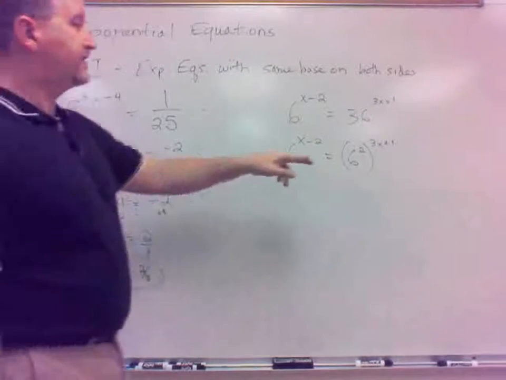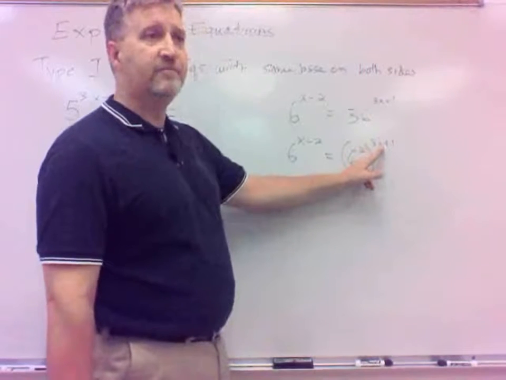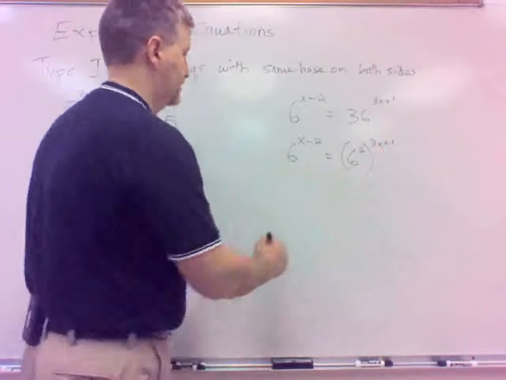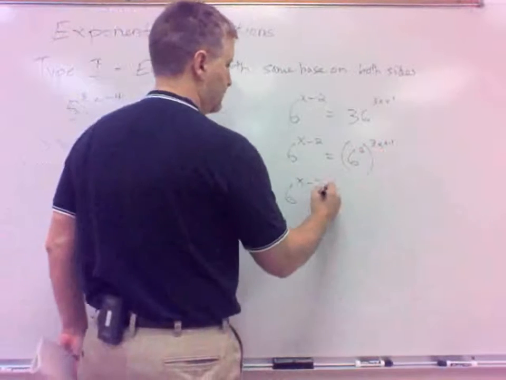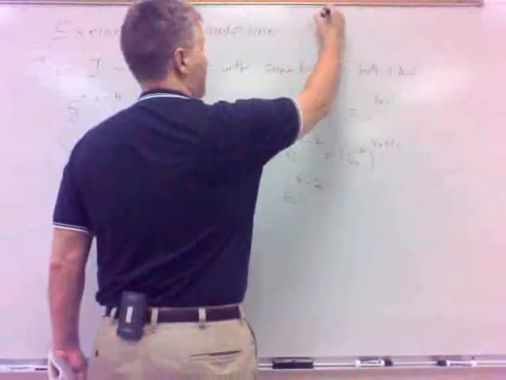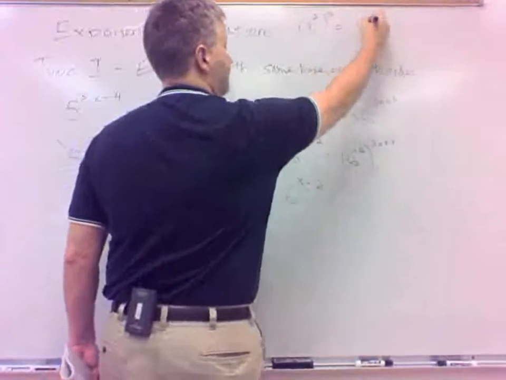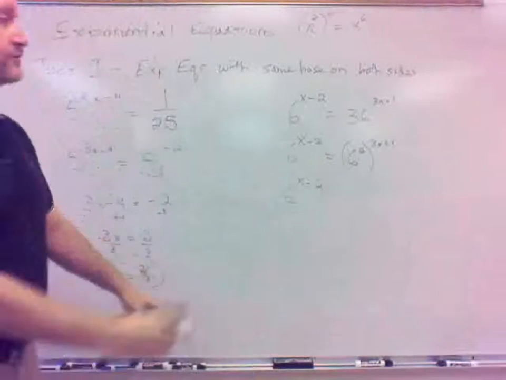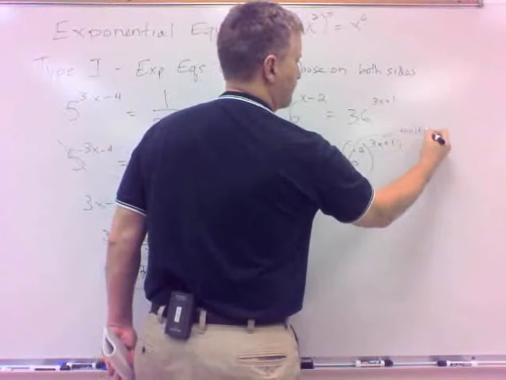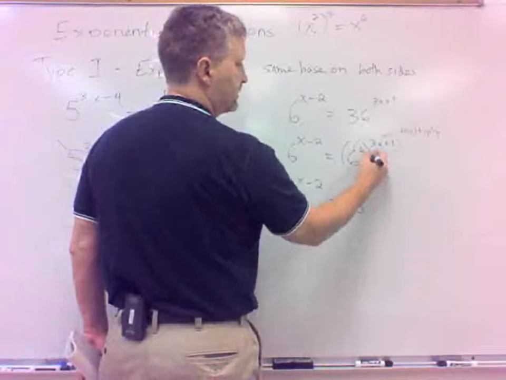Now, what about that? On the right, I have a power to another power. What do I do there? Remember your rules for exponents, if I have x squared to the third, isn't that x to the sixth? I multiply. Power to a power, you multiply. And so this will be 6 to the 6x plus 2.